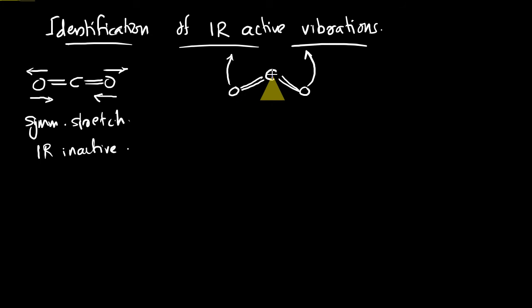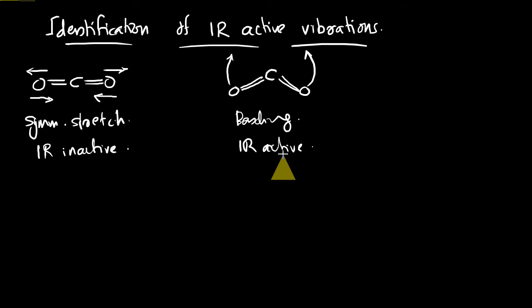So there will be some net dipole moment in this molecule. It means that when this molecule is vibrating in this way, it is accompanied by a change in the dipole moment. So this bending vibration in the carbon dioxide molecule is IR active.